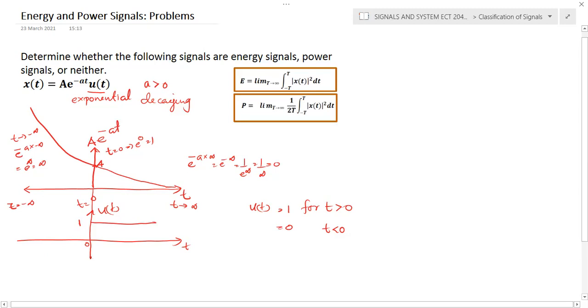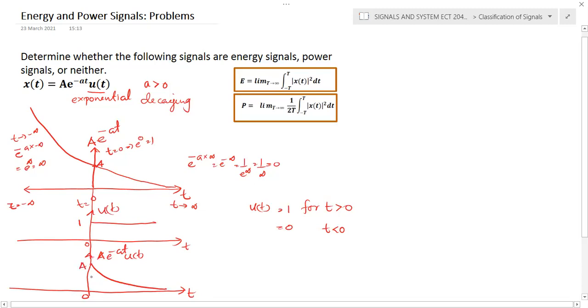Now we are multiplying these two signals, so you get a new signal which exists only on the positive side. So now we get a new signal a e raised to minus at into u of t, which exists only on the positive side. So this is 0, and here the amplitude is a.